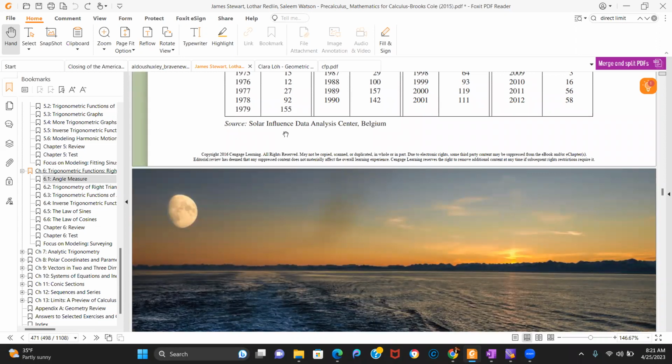This chapter is on a somewhat different approach to defining the trig functions. But it will turn out that the unit circle approach that we learned in chapter 5 is equivalent to this approach we're going to learn in chapter 6.